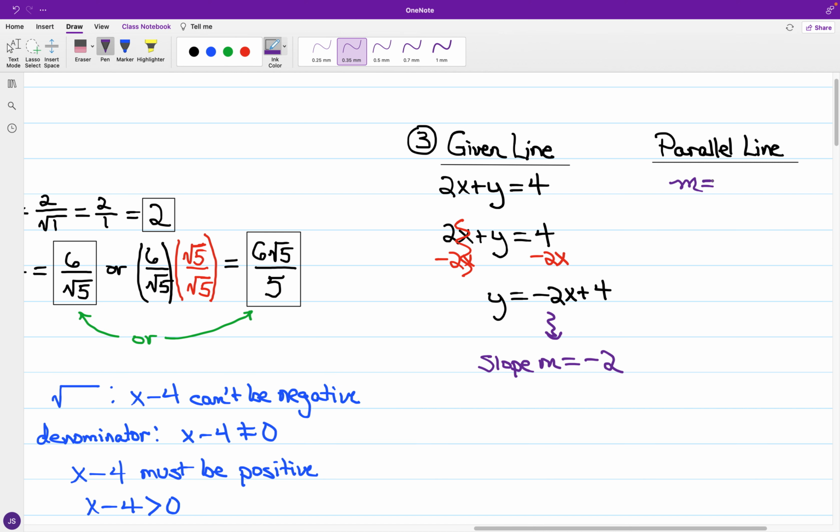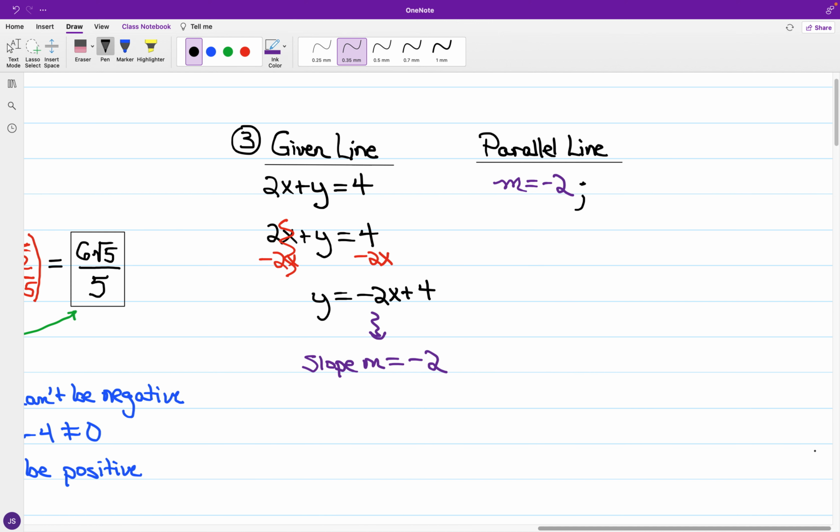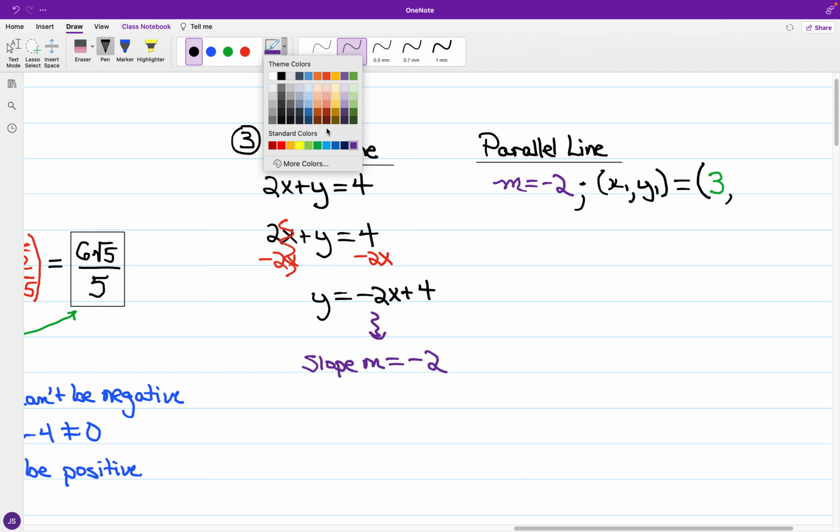So that slope is also negative 2. And the parallel line is going to pass through (3, 3). Since we have the 3 to repeat, I'm just going to do a little bit of color coordinating to draw out how those 3's are going to play out.